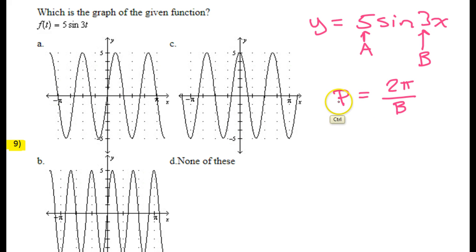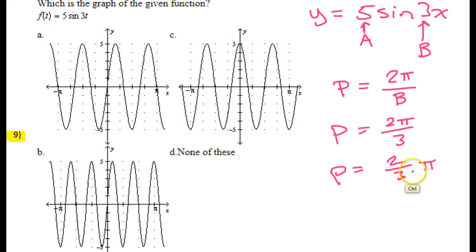So the period for the sine function will be 2 pi divided by the b value. So that's 2 pi divided by 3. Okay, so this is the period. Now think of it this way. This is 2/3 pi.